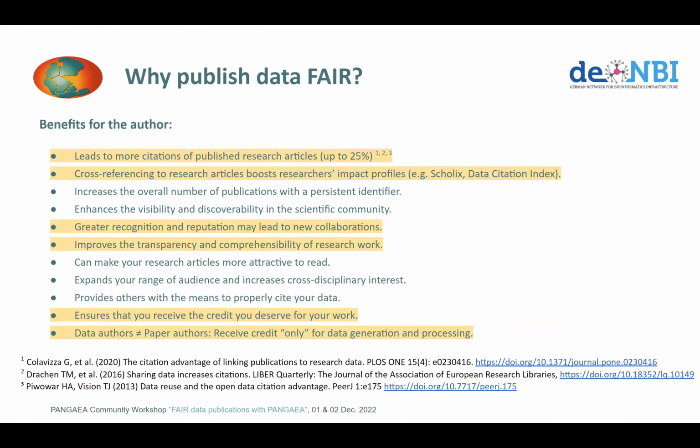Here the list is headed by the fact that FAIR data publication leads to an increase in citations of your published research articles, which can go up to 25% and has been shown by several studies, which are cited here at the bottom of the page. Also, the cross-referencing of the research articles boosts the researcher's impact profile.